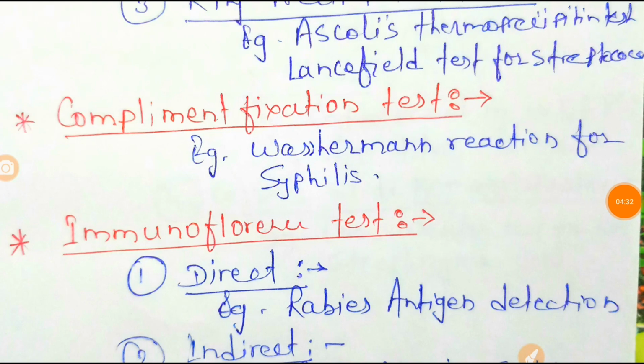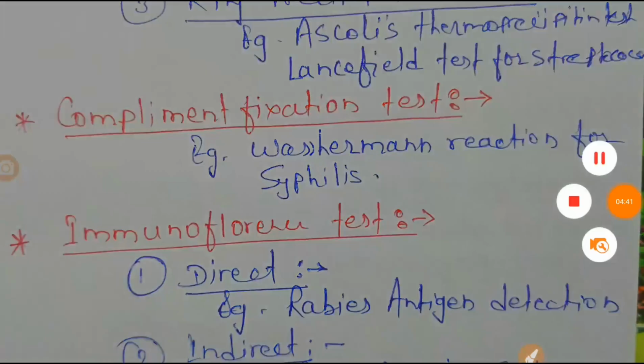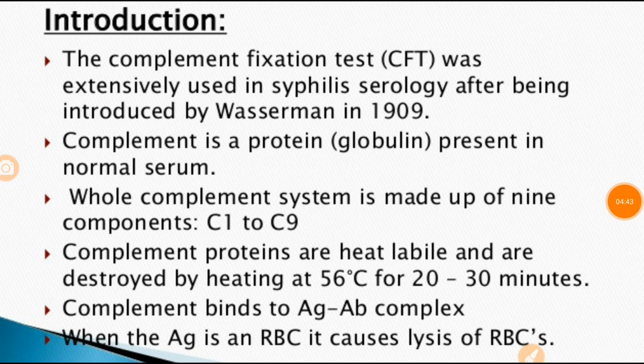Next one is the complement fixation test. The example is the Wassermann reaction for syphilis. The complement fixation test was extensively used in syphilis serology. Complement protein is a globulin present in normal serum, and the complement system is made up of 9 components, C1 to C9.